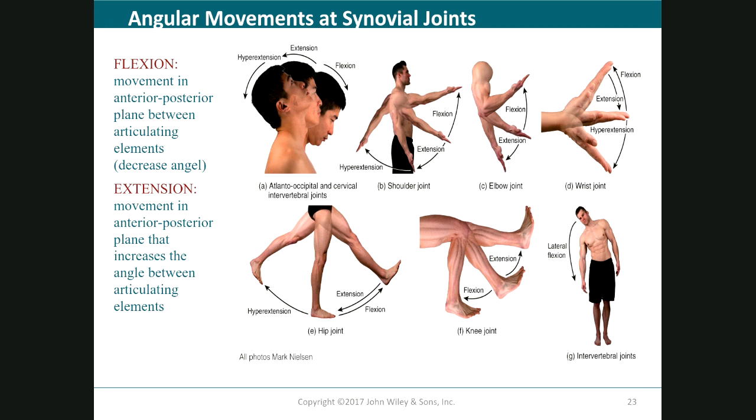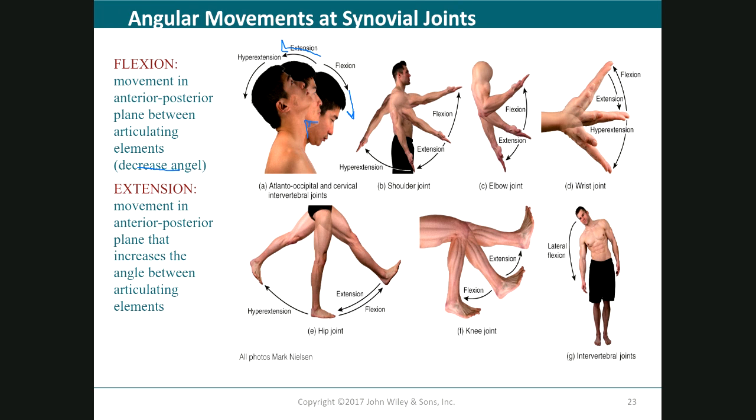So flexion means we're decreasing the angle of the joint. For example, neck flexion, we're coming this way, decreasing that angle of the joint, versus neck extension, we're increasing the angle of the joint.